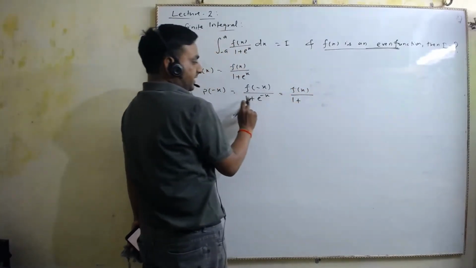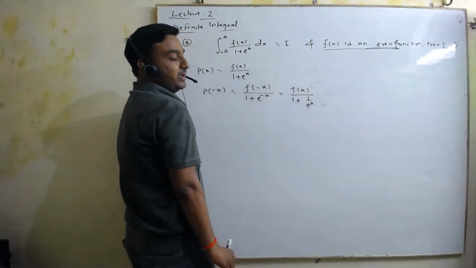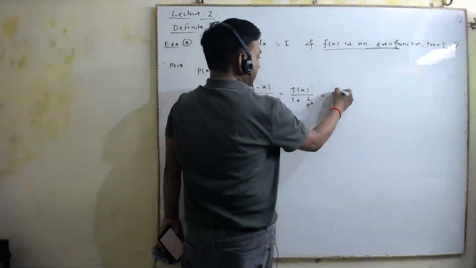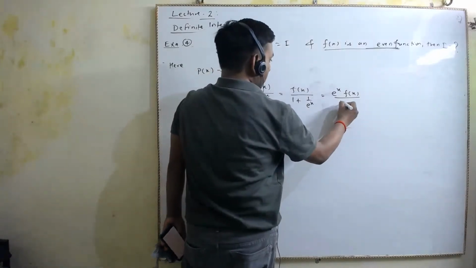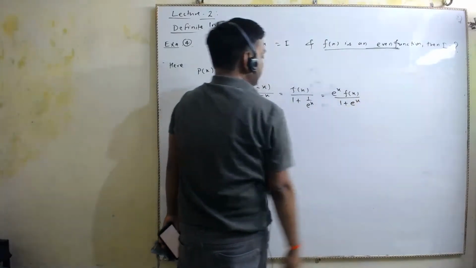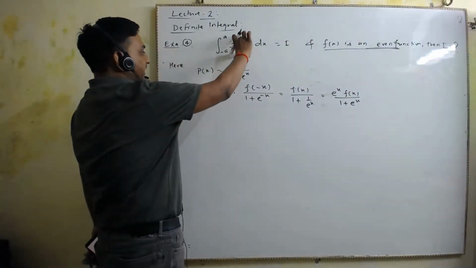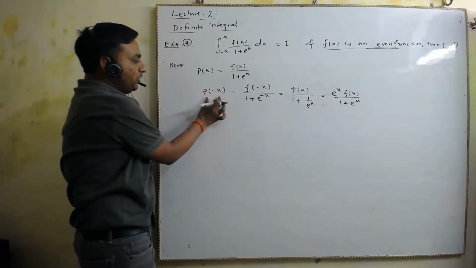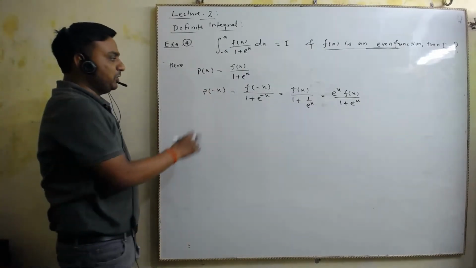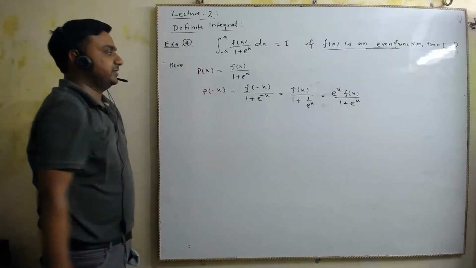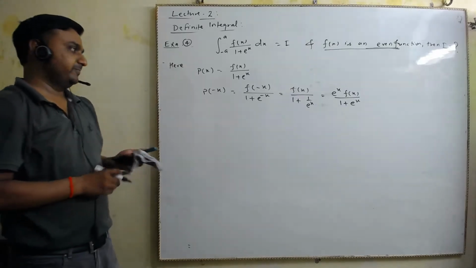This can be written as 1 plus 1 upon e raised to the power x, so this will be e raised to the power x into f of x upon 1 plus e raised to the power x. So if you observe this integrand p of x and p of minus x, can you say p of minus x equals p of x? No. So what to do here now?